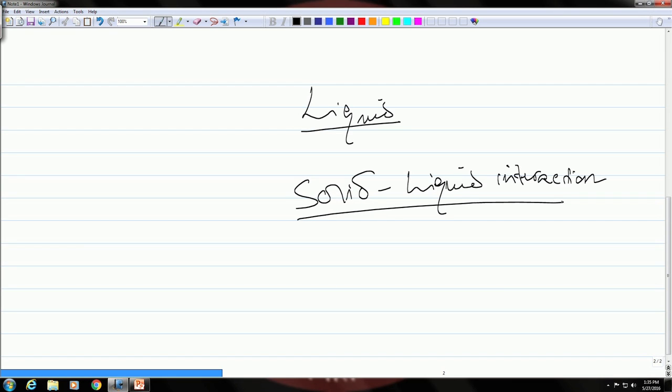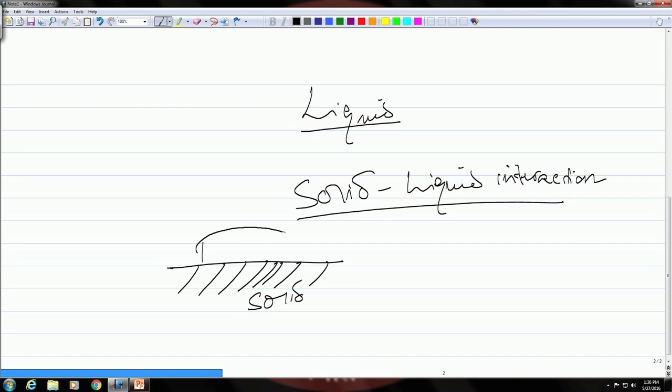That means, let us say if I have a solid surface, okay, and then I put a liquid over this. Okay. Now, depending on the interaction or the surface energies, two things can happen.